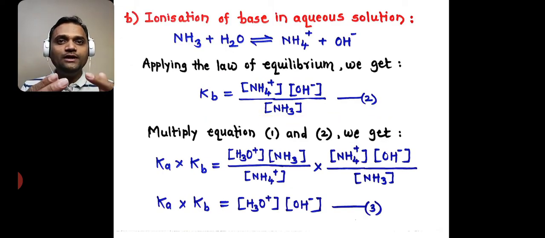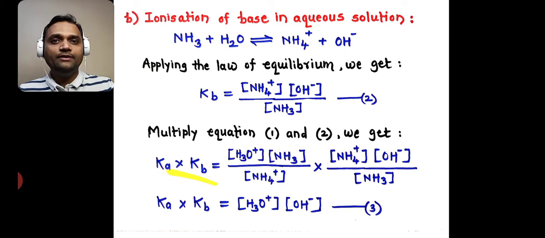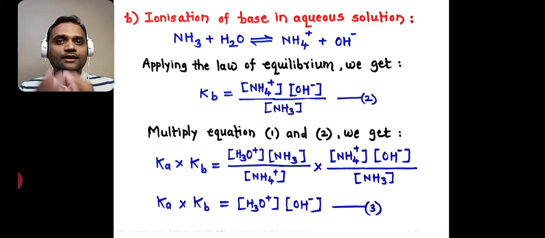Now we have to multiply these two equations. On multiplication it gives us Ka into Kb. This part is Ka, and this part is Kb. Now we have to cancel the identical terms.